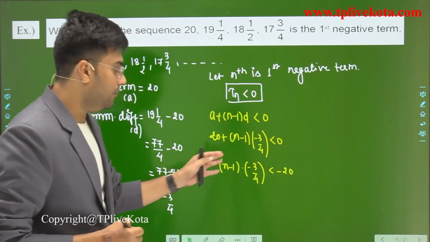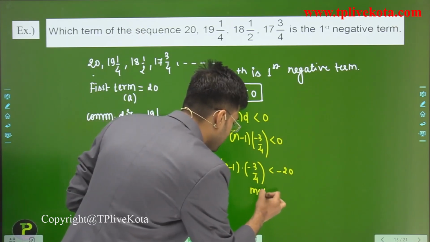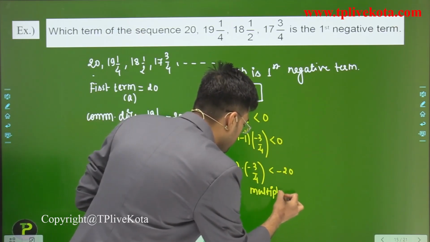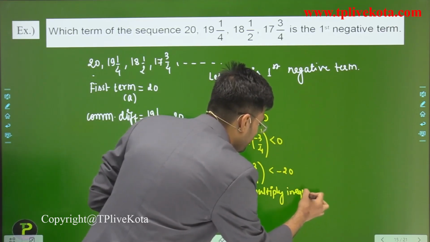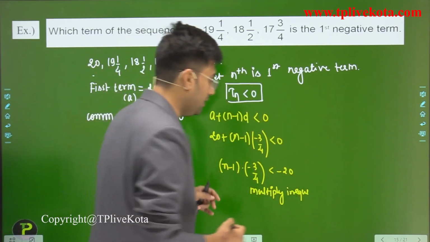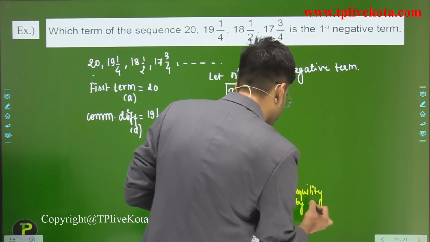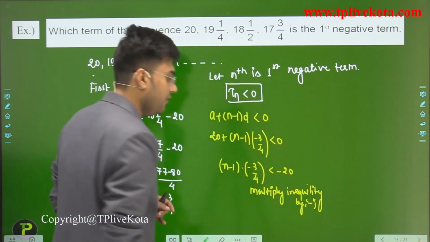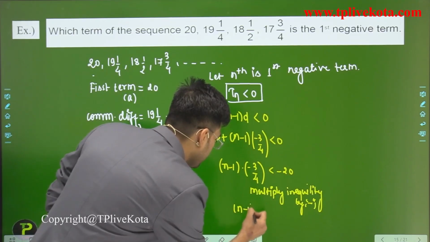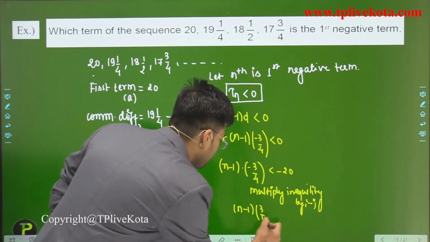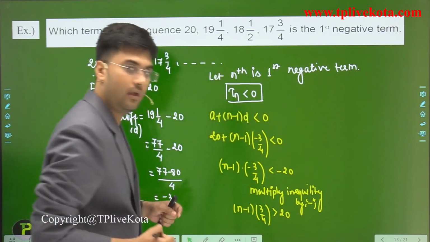And when we multiply this inequality, this is not an equation, this is an inequality, by a minus sign, then what will we get? The inequality sign gets changed. So n minus 1 times 3 by 4 is greater than 20. Clear?